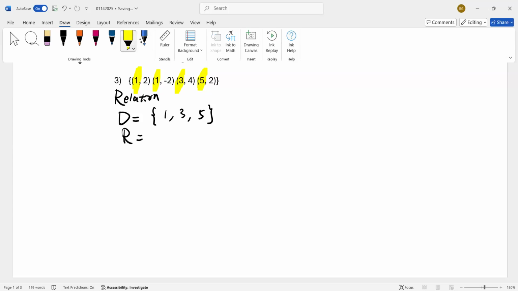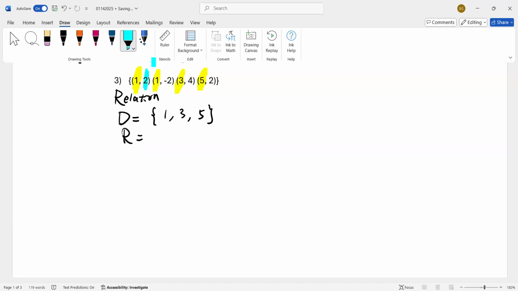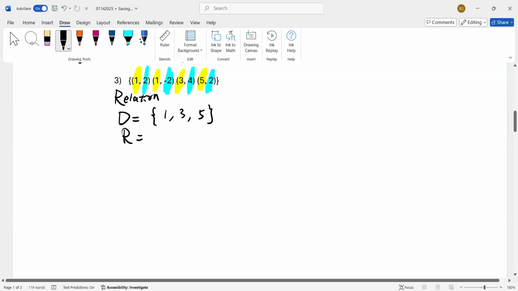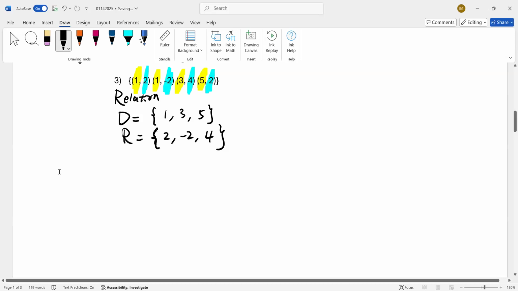Range would be a set containing all the second components. So I'm going to use blue, 2, -2, 4, 2. We have a repeating element, so only write it once. So we have 2, -2, 4, right? So that's the domain and range for this relation.